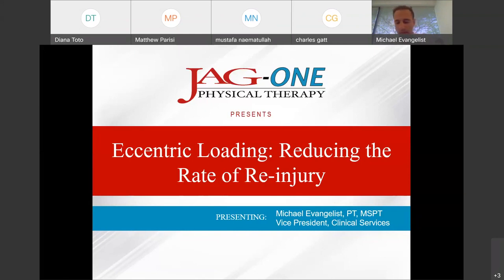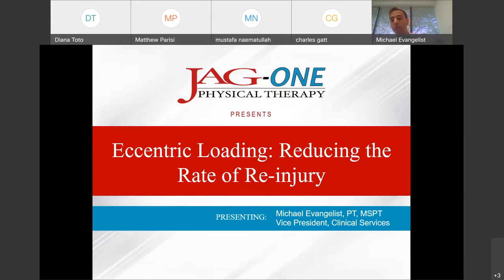I thought a lot about concentric, making sure to rehabilitate athletes to be able to explode, jump, run, whatever it may be. Then throughout my career, rehabilitating high school, college, professional athletes, it became increasingly more apparent that the eccentric loading and training and rehabilitation is definitely as important, if not more important, than the concentric loading.